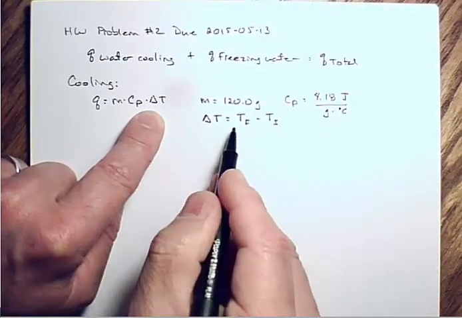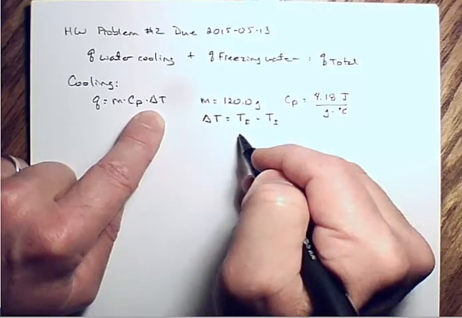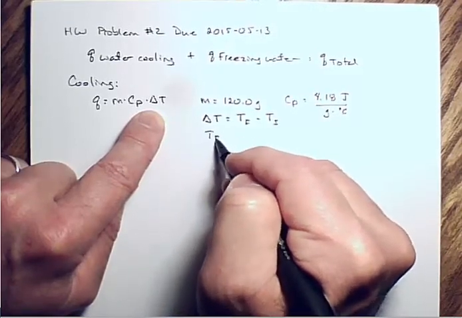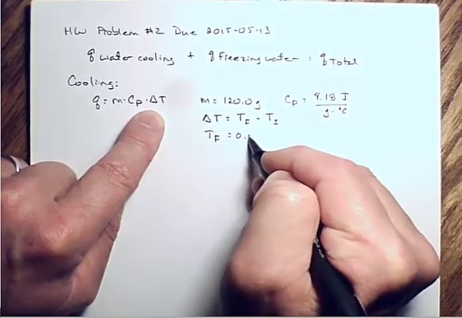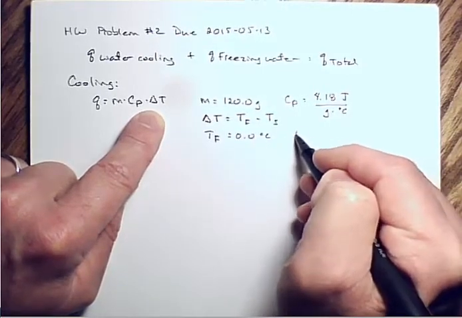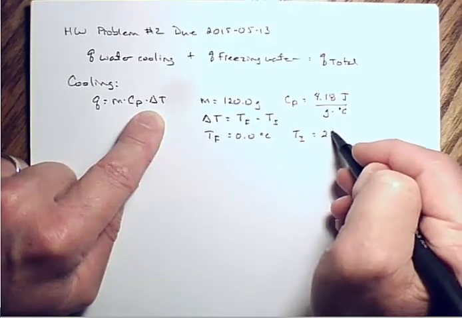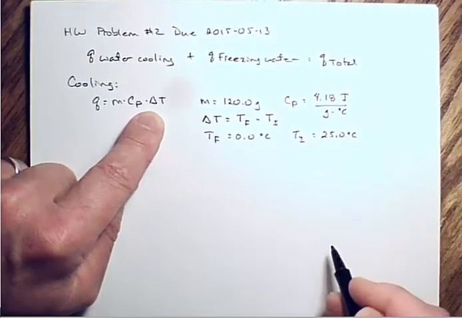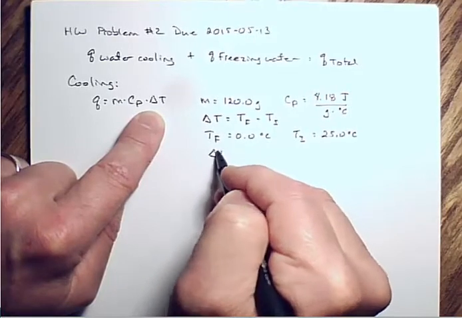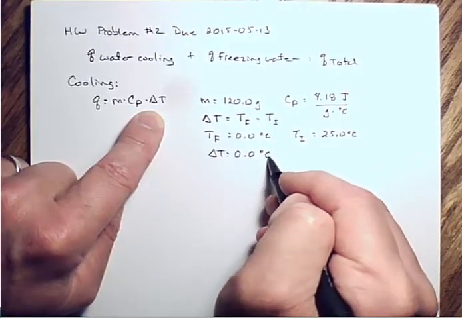If we're getting it down to the freezing point, temperature final is going to be 0.0 degrees C, and temperature initial is going to be 25.0 degrees C.